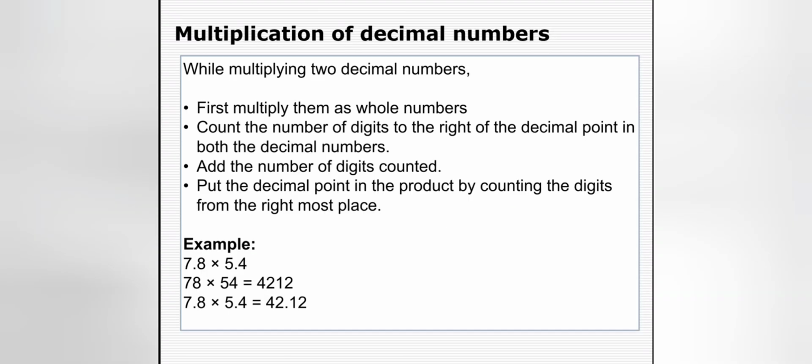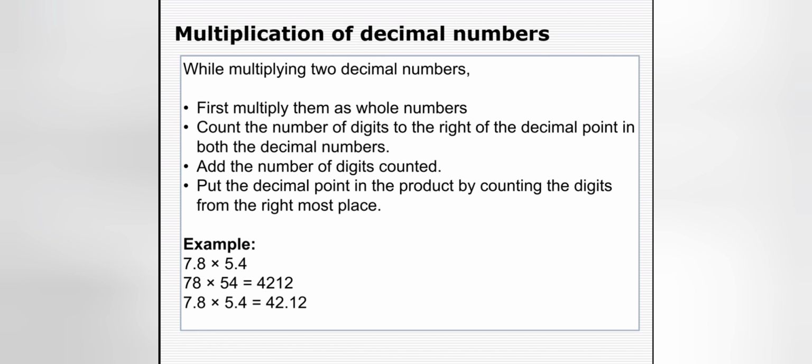As we proceed further, the next point is multiplication of decimal numbers. Children, here you have to keep in mind certain steps while multiplying two decimal numbers. First, multiply them as whole numbers. That means ignore the decimal point.